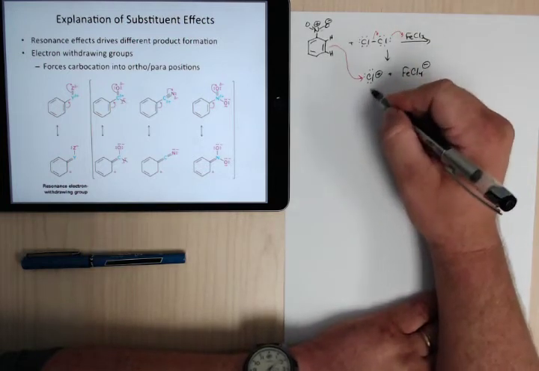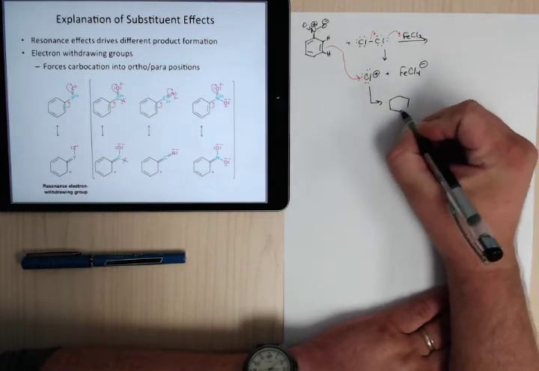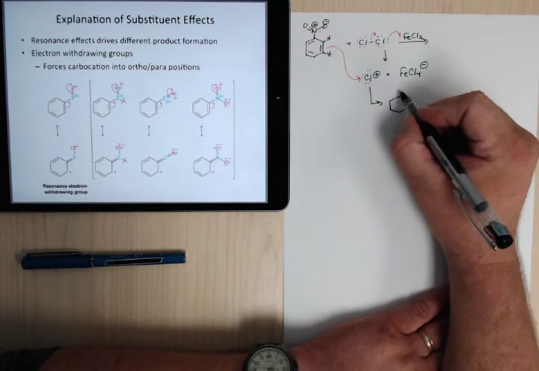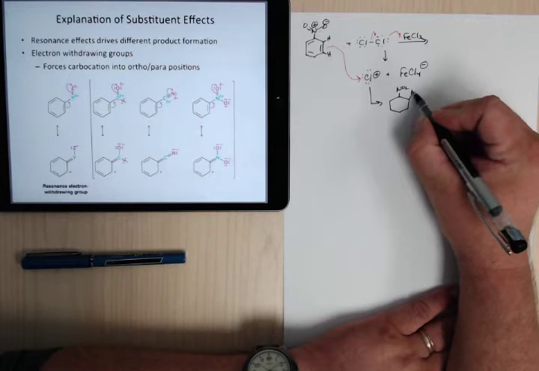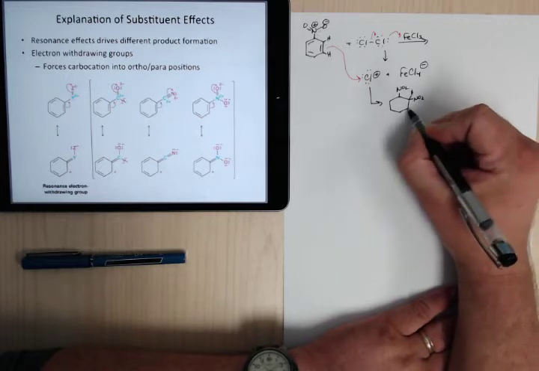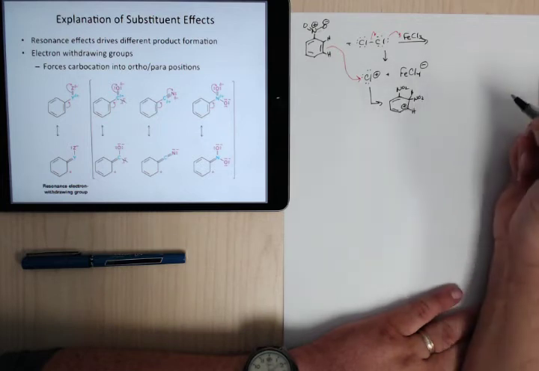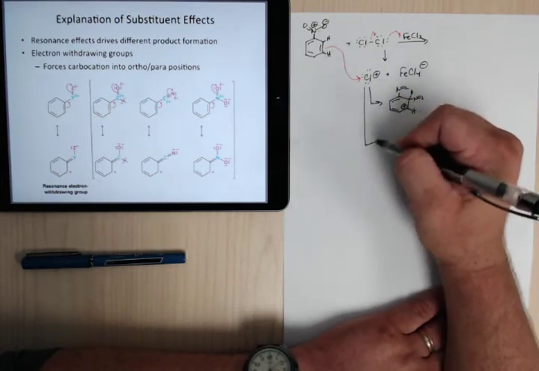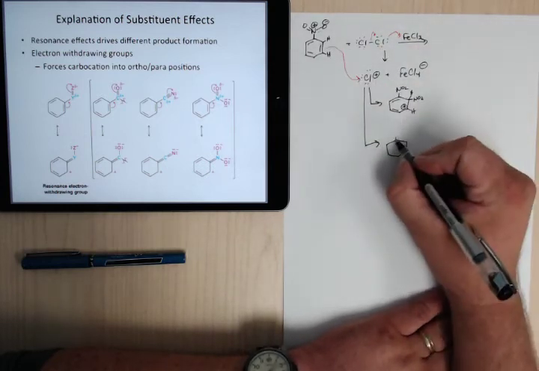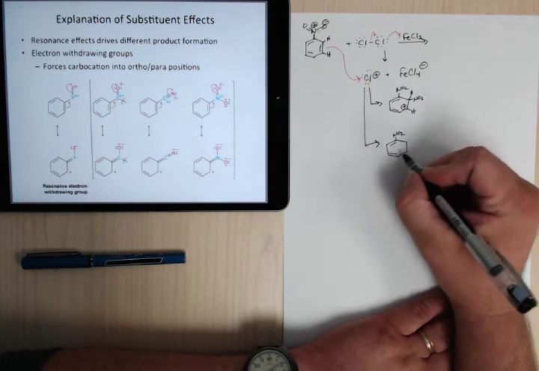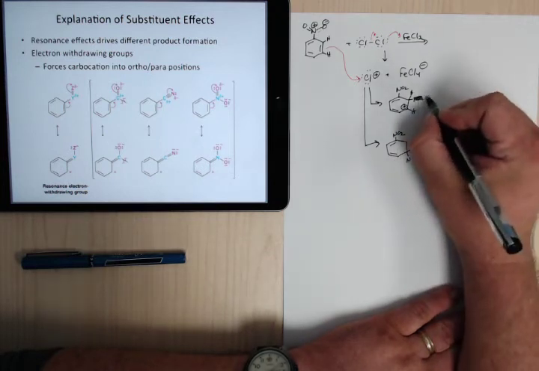We can either go into the ortho position here, or it can go into the meta position, if we were using that double bond. Oh, this should be Cl. Sorry.